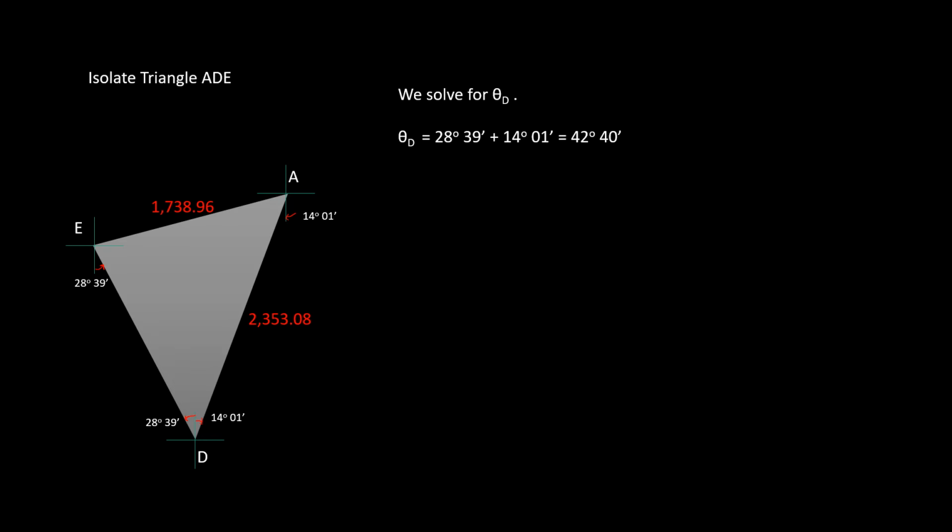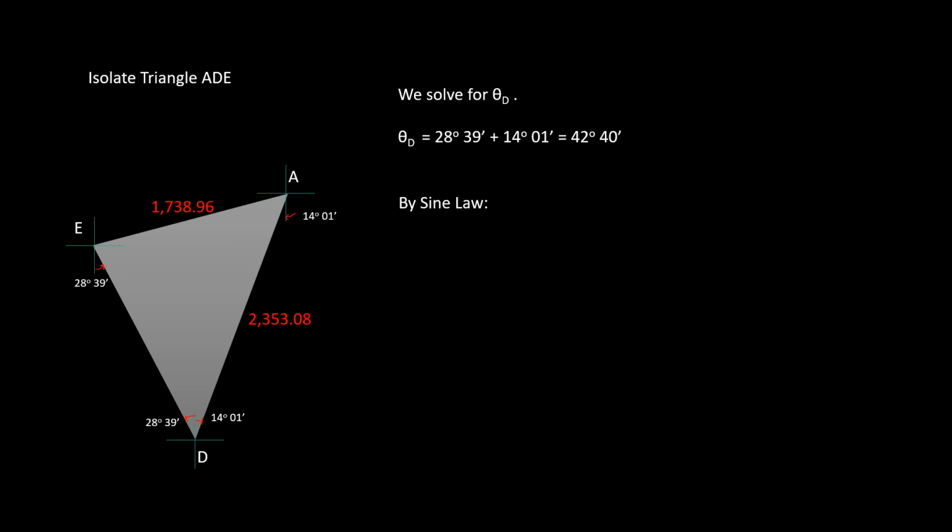So we solve for theta D. Theta D is simply the sum of the alpha of DE and alpha of DA, which is 28 degrees 39 minutes and 14 degrees 1 minute, which is equal to 42 degrees and 40 minutes.